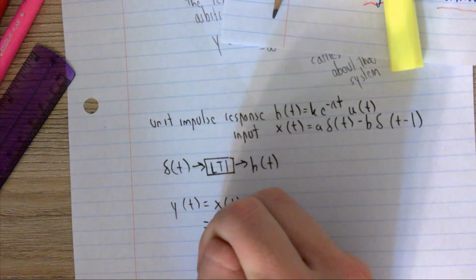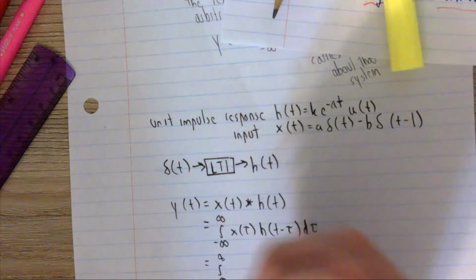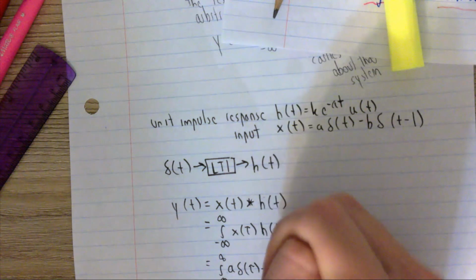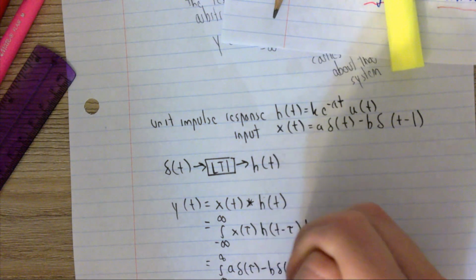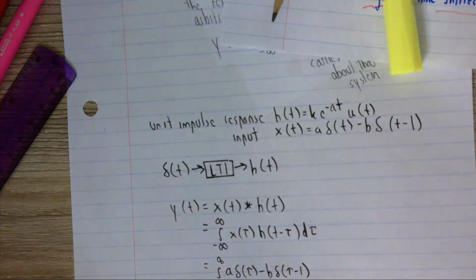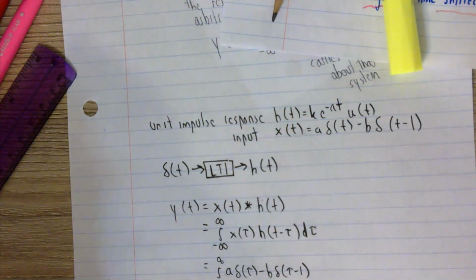So that would be the integral from negative infinity to infinity of a delta tau minus b delta tau minus 1. And then h of t minus tau, well, let's see, this is our h of t up here.